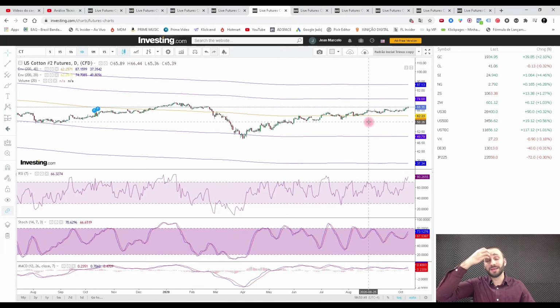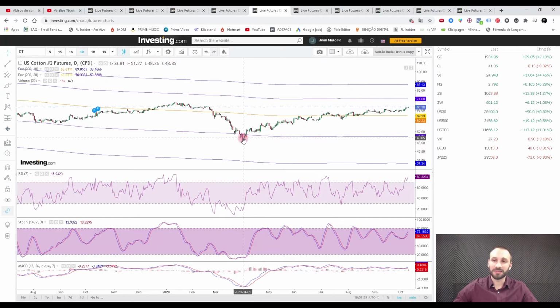So what I recommend to you, if you listened to me and bought here when the price was 49, you can sell a part of your cotton, because this indicator tells us it's a very good moment to sell. But I can't tell that the price won't come up anymore. Nothing goes up in a straight line like this.